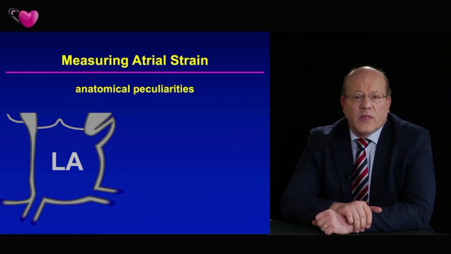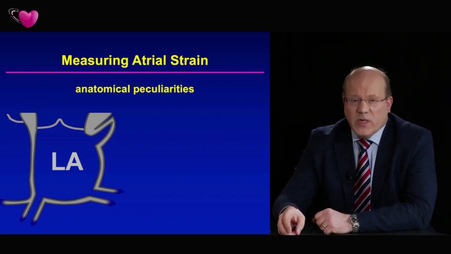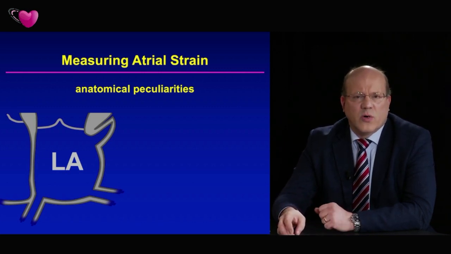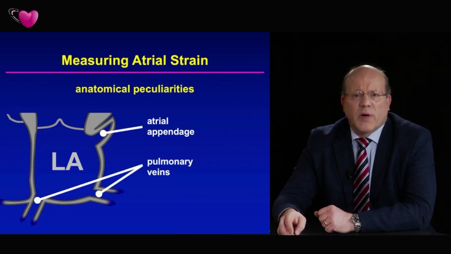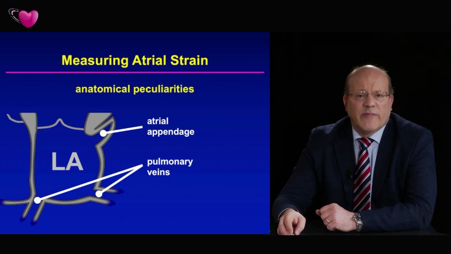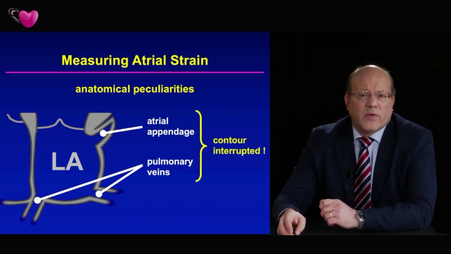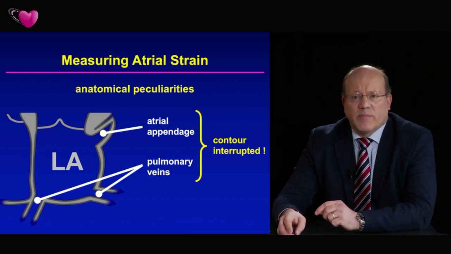When we think of the left atrium, it's a rather complex structure with some anatomical peculiarities. For example, we do not really have a nice contour. It's interrupted by things like the atrial appendage or by the pulmonary veins. So if we want to measure a global strain of the atrium, then we have to deal with this interrupted contour.